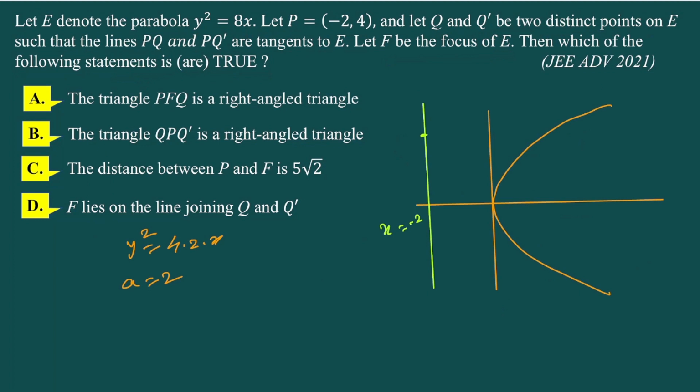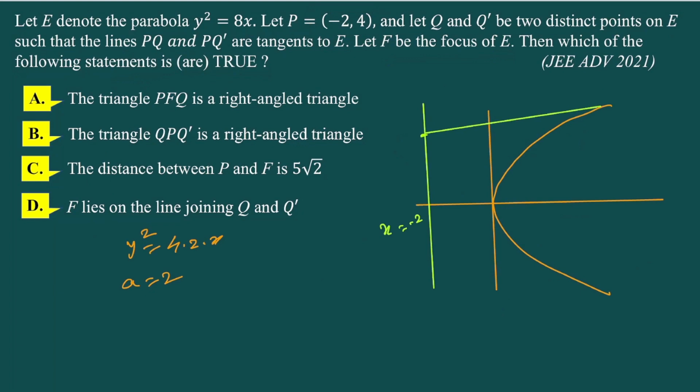So the point we are seeing here is on the directrix, and according to the question, Q and Q dash are two distinct points on the parabola such that PQ and PQ dash are tangents to E. Therefore, we can say that the tangents drawn from P to the parabola end at a focal chord, according to the property.